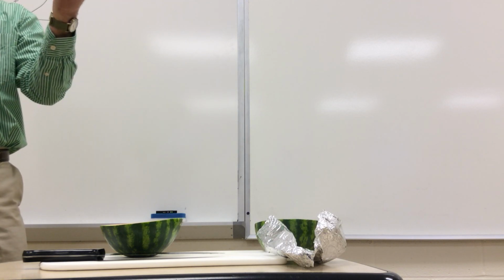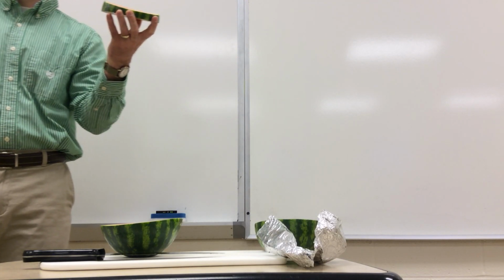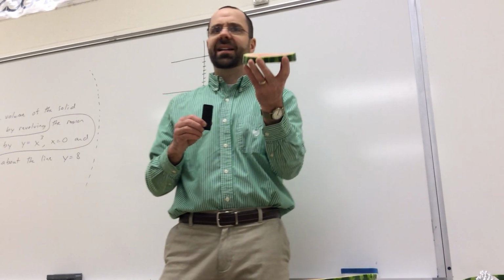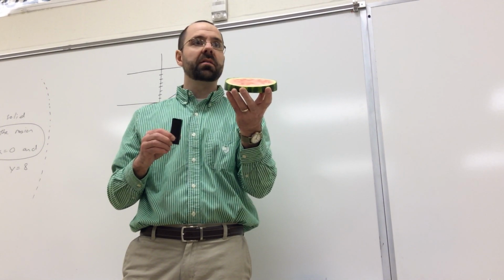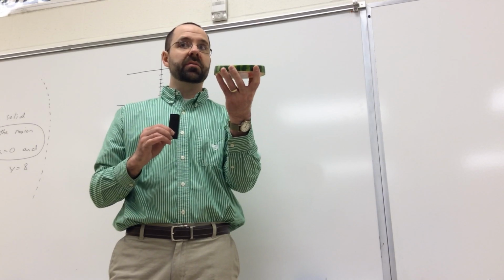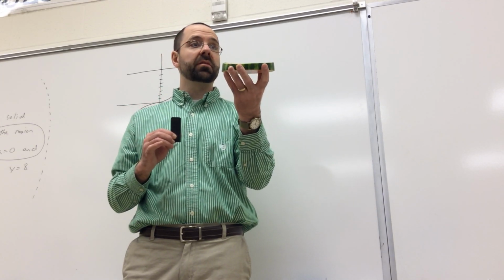Okay, so our first job is to find the volume of this. So what shape is this? It's cylindrical, definitely. Now, it's not an exact cylinder because, well, why is it not an exact cylinder? Yeah. The edge is curvy. There's another reason. That's a good reason. Yes?